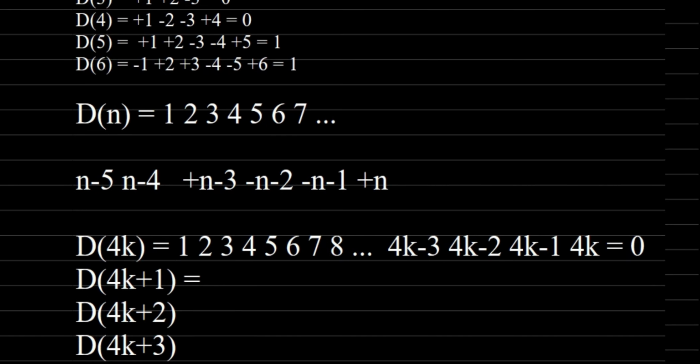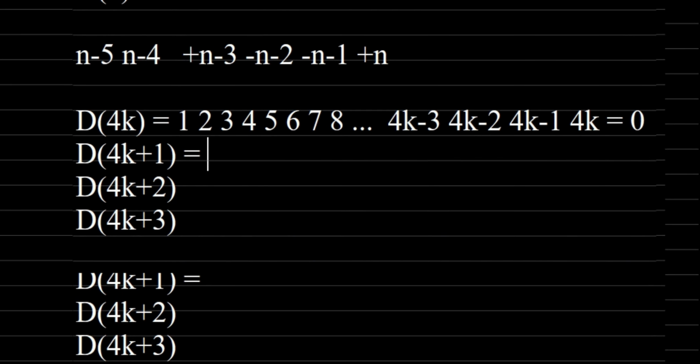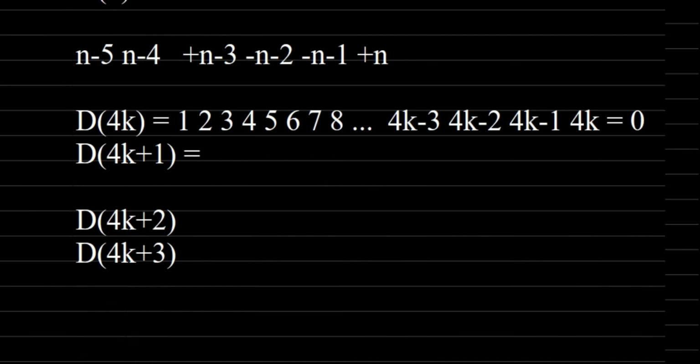For 4k plus 1, the maximum sum possible would be, let's do a bit of graph here. For 1 plus 2 plus 3 dot dot dot till n, the sum is n times n plus 1 by 2.